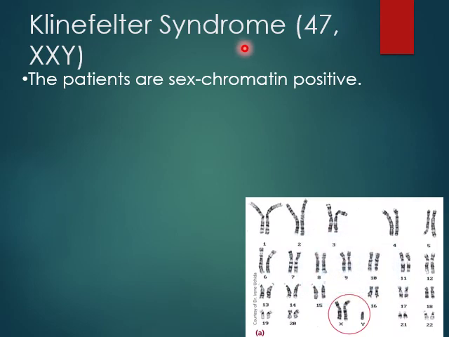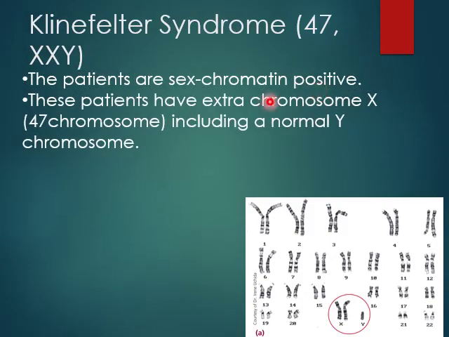Klinefelter syndrome is an example of aberration of the sex chromosomes. The patients are sex-chromatin positive. These patients have an extra X chromosome, that means 47 chromosomes, including a normal Y chromosome.